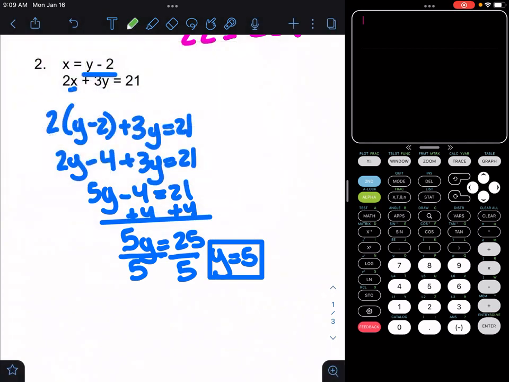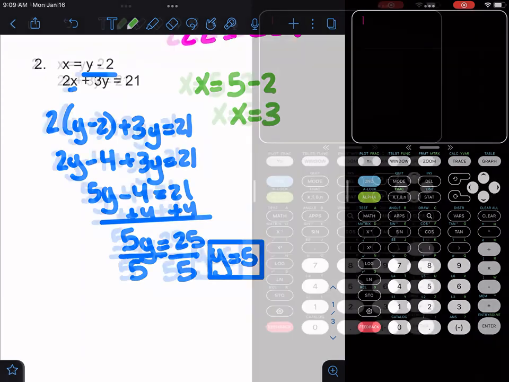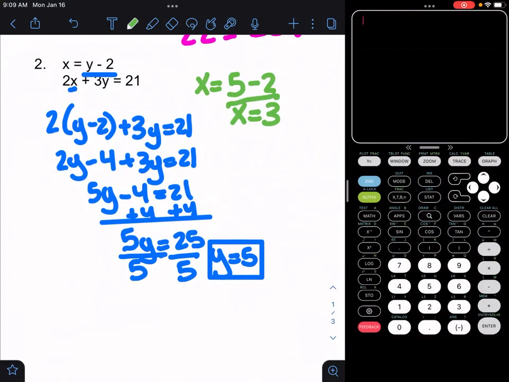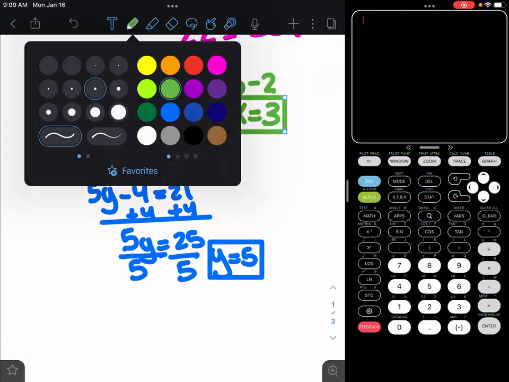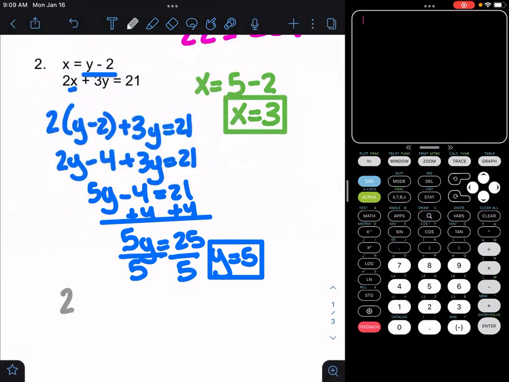So let's go to the first equation. X equals 5, which is y, minus 2. And 5 minus 2 is 3. Alright, let's use the second equation to make sure that this is correct. Alright, 2, instead of x I'm going to put 3, plus 3, instead of y I'm going to put 5.